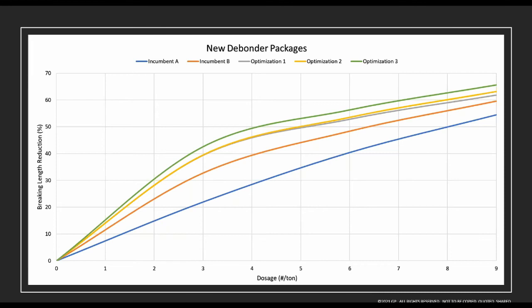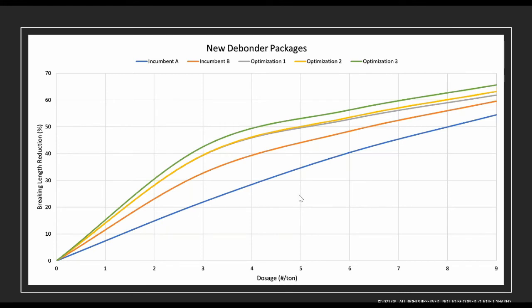So if I know the ratio in some of our other debonders that we already have in-house, I can have Design Expert predict what the performance of those will be. I used two of our in-house debonders, Incumbent A and Incumbent B, and had Design Expert predict the performance based on this experiment, which is the blue line and the orange line.